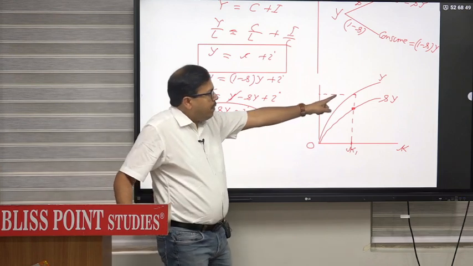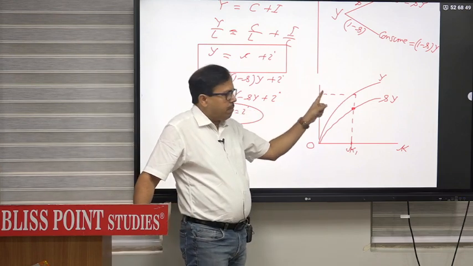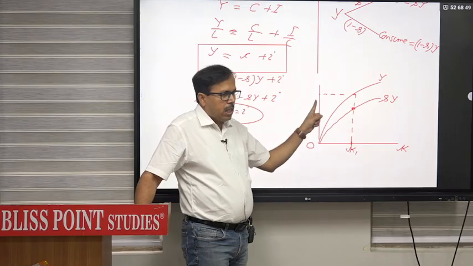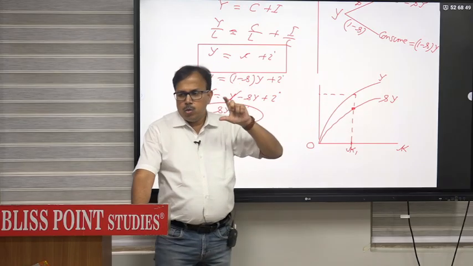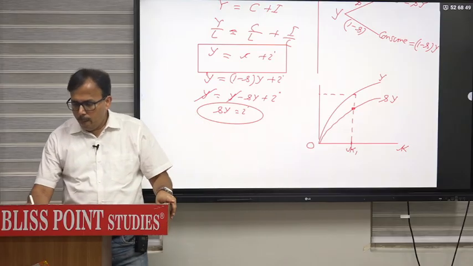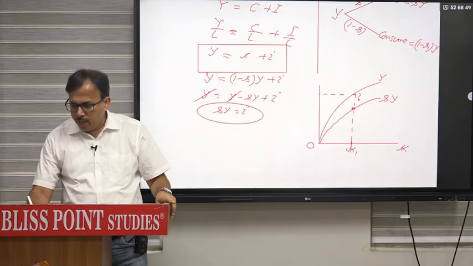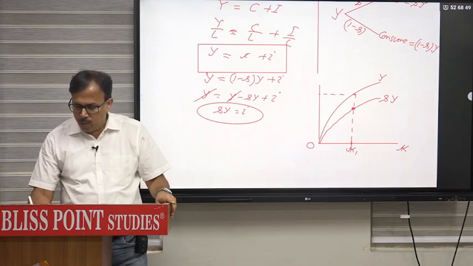From this point I will determine income per capita. From this point I will determine saving. So the gap between income and saving is consumption. This gap is referring to consumption.